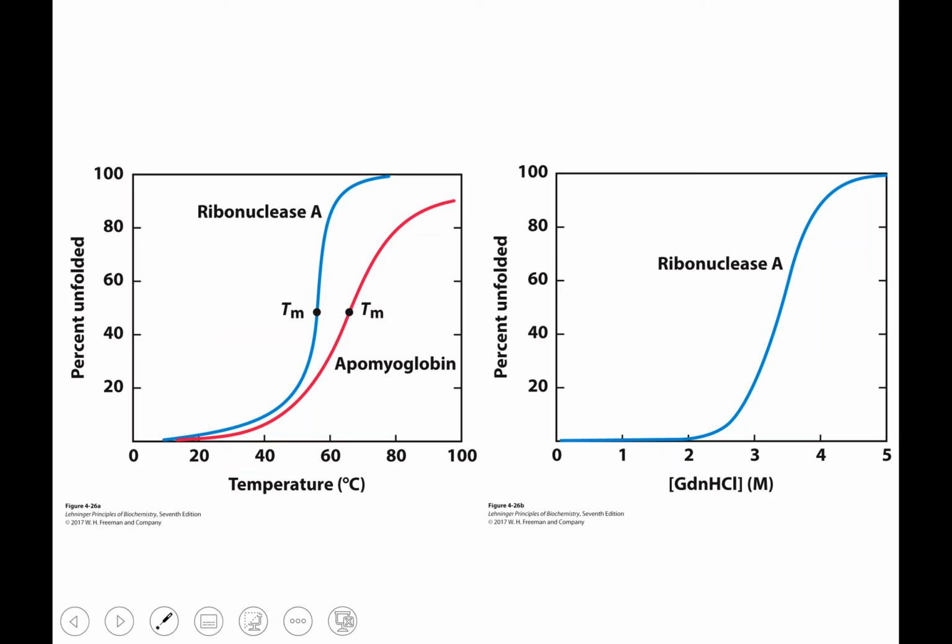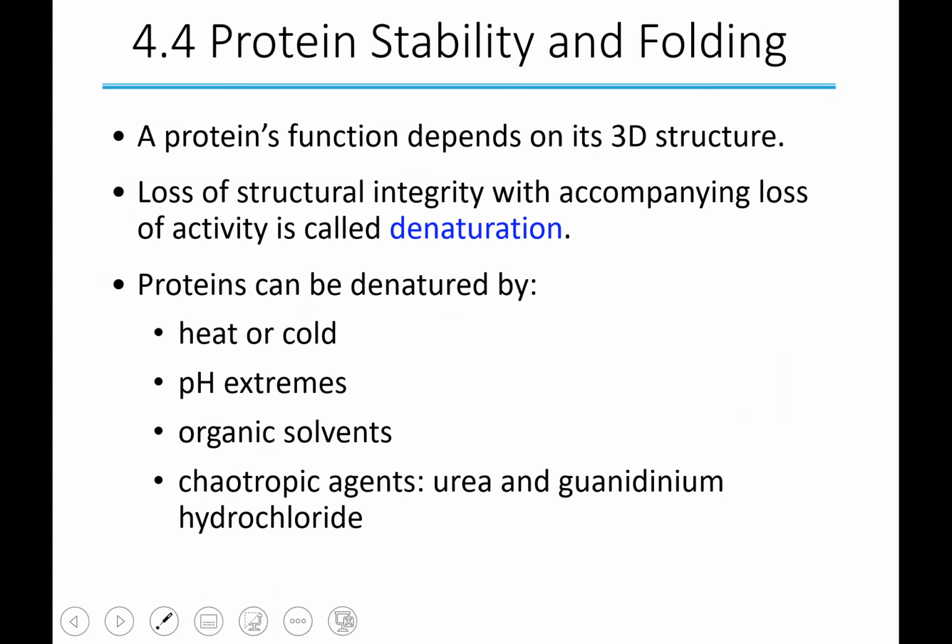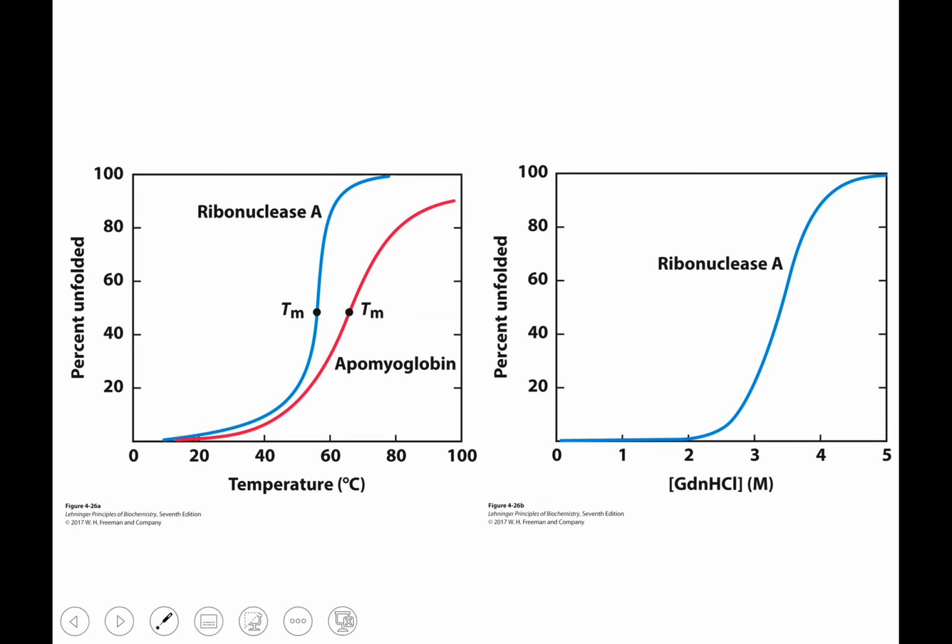Okay, what was the fourth one? Oh, organic solvents. In an organic solvent, you're not going to run into that situation inside of a cell. Okay, so there are four ways in a lab we would denature proteins. Inside of a cell, there's really only three that you would have to worry about.